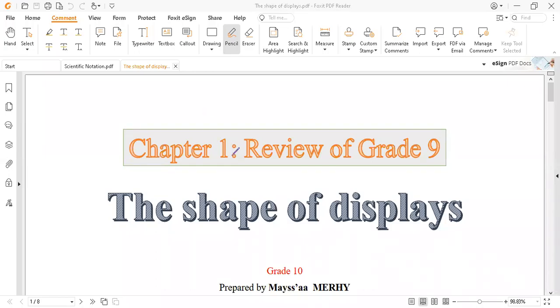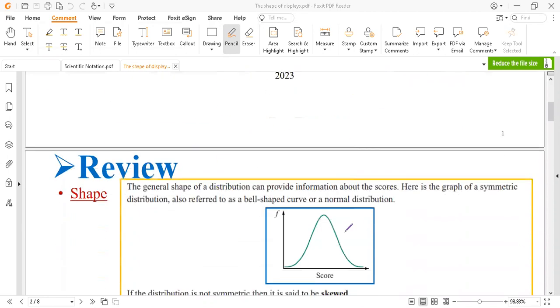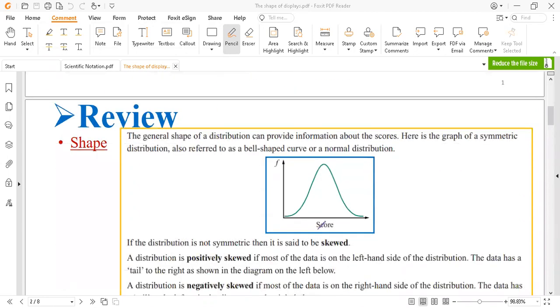Hi everyone. This session is dedicated to a review of grade 9, the shape of displays. Normally it is a statistical topic. First of all, we want to review the shape of a given distribution.